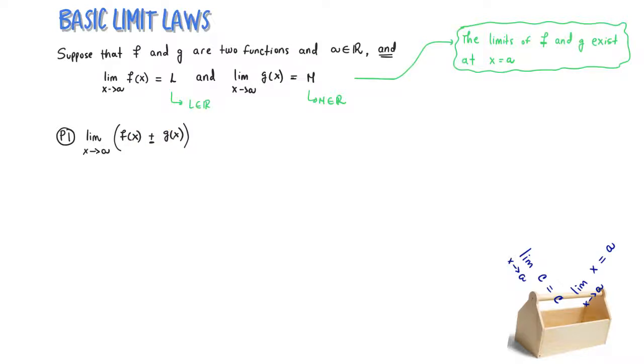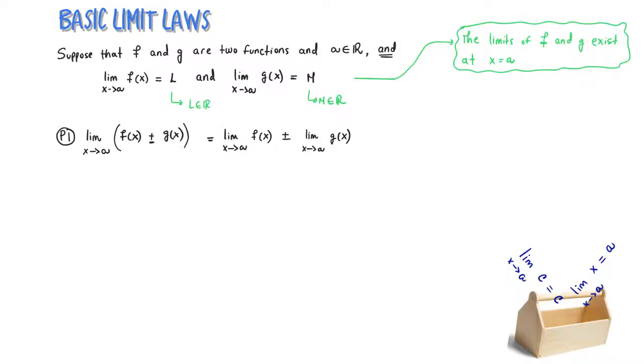How do we take the limit of a sum? How do we take the limit of a difference? Remember that the limit of f and the limit of g exist. If this is the case, then the property says that we can take the limit as x goes to a of the functions individually. So this will be equal to the limit as x goes to a of f of x plus or minus the limit as x approaches a of g of x.